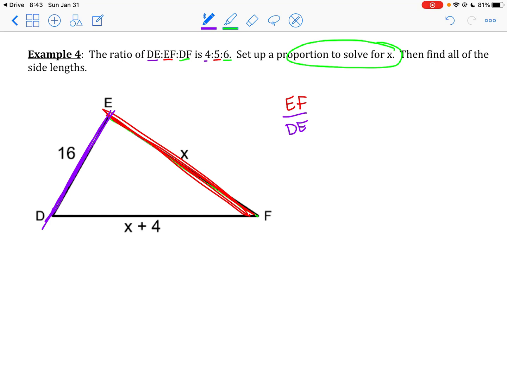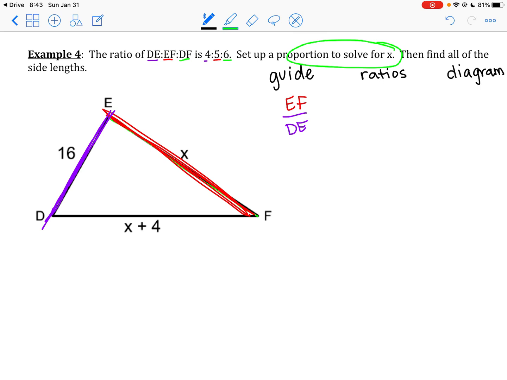So set up a proportion. This is my guide. I always like to have a guide to tell me what I'm looking at. So I know the ratio of EF and DE, based on the ratios and then based on the diagram.